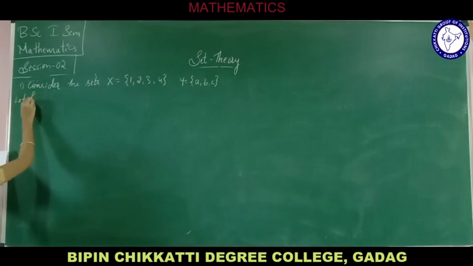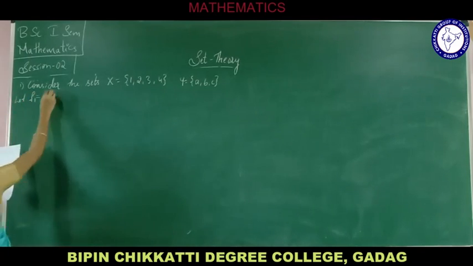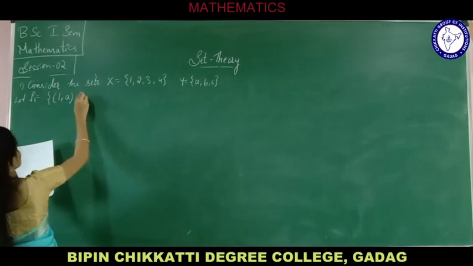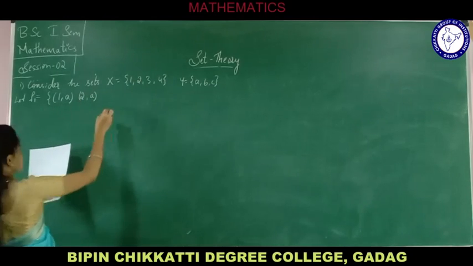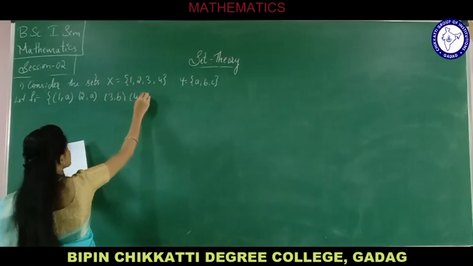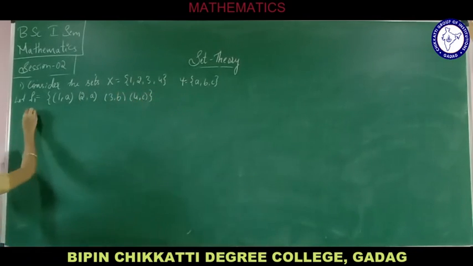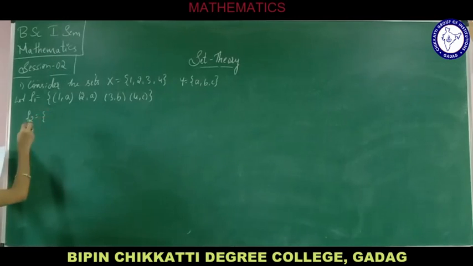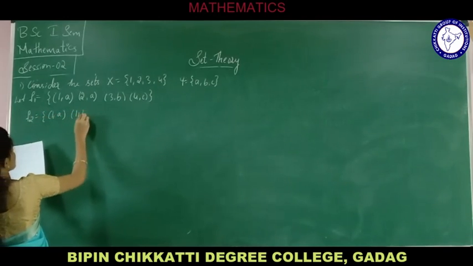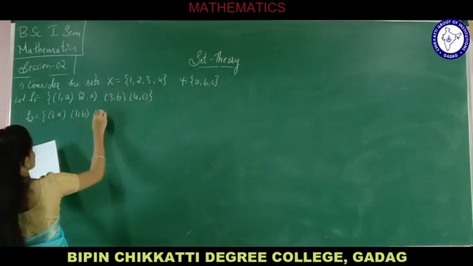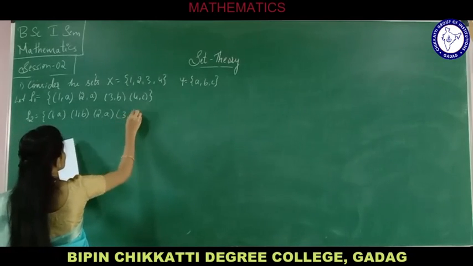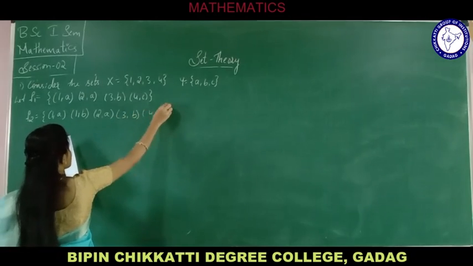Let f1 equal (1, a), (2, a), (3, b), (4, c). This is f1. f2 is (1, a), (1, b), (2, a), (3, b) and (4, b).